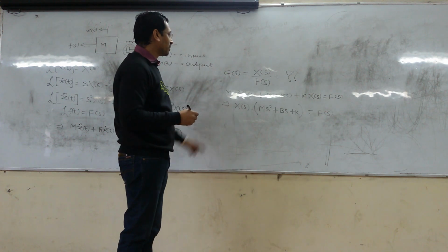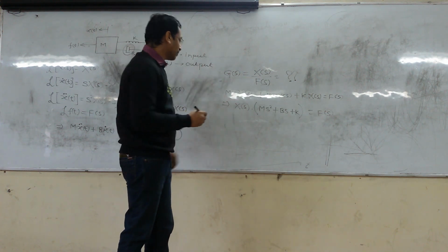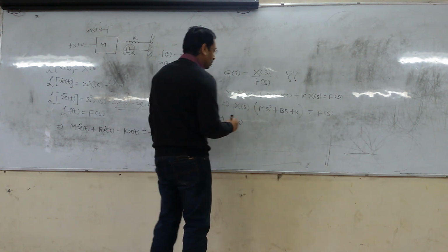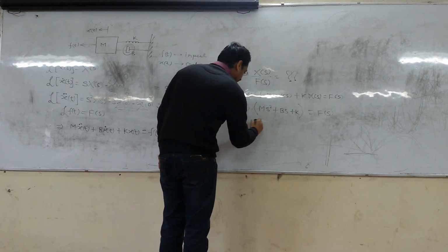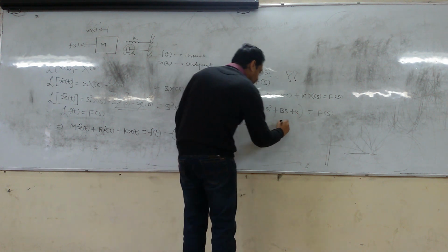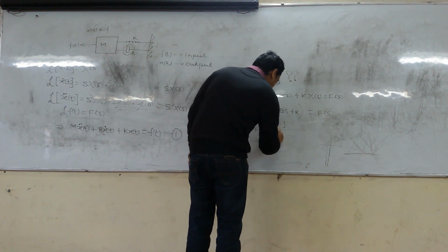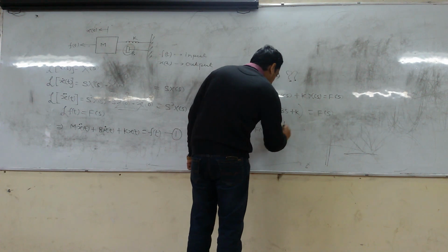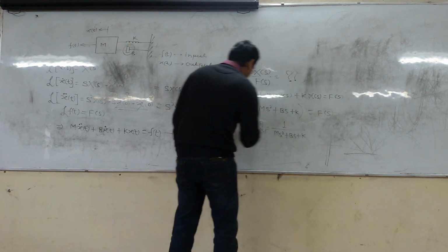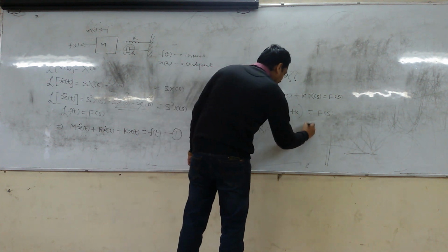And you know the transfer function is X(s) upon F(s). So you can say G(s) will be equal to X(s) upon F(s), and that will be equal to 1 upon M s square plus B s plus K, is your final answer.